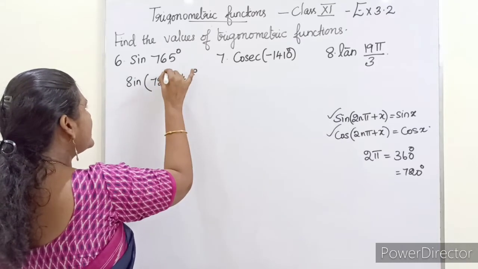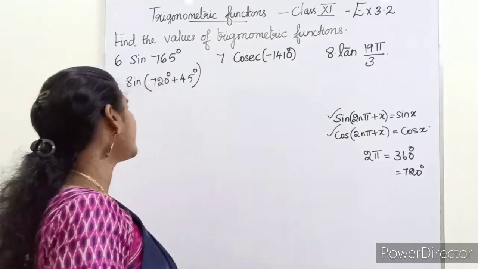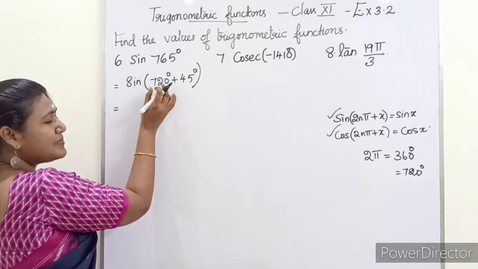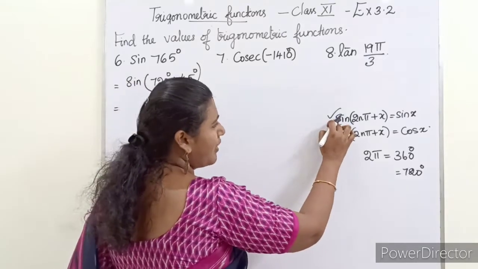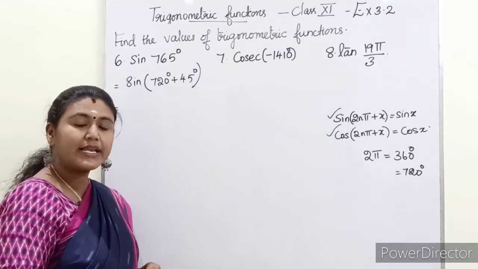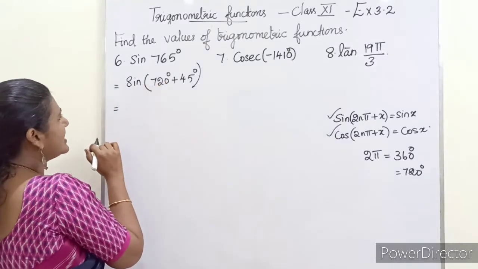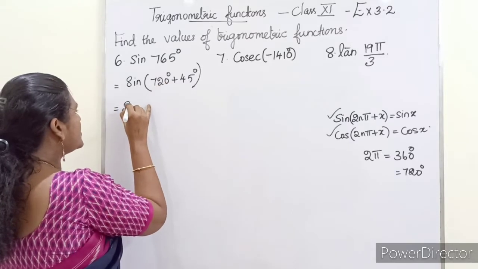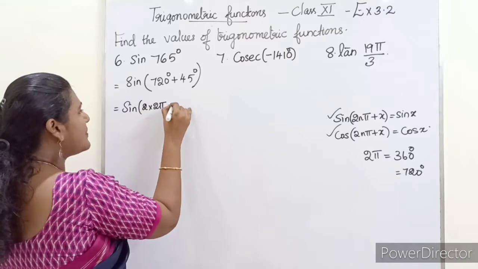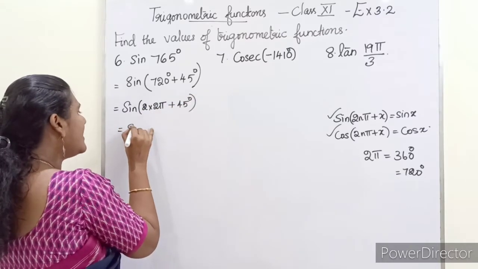So this 765 degree we can write as 720 plus 45. Why have we expressed it in terms of 720? Because you know this property that sin x will repeat for an integral multiple of 2 pi. So this 720 we can write as 2 times 2 pi, that is 2 into 2 pi plus 45, and this will be equal to sin 45.